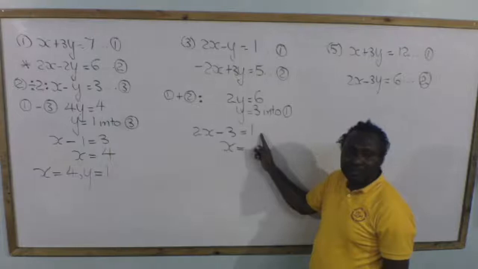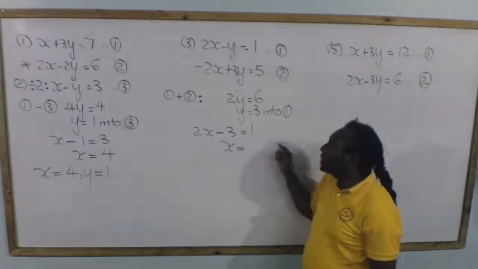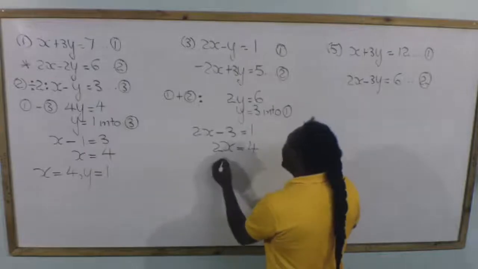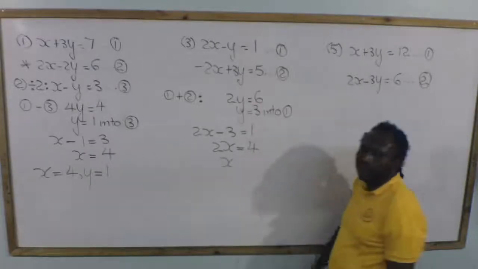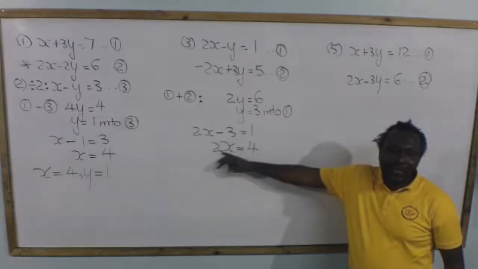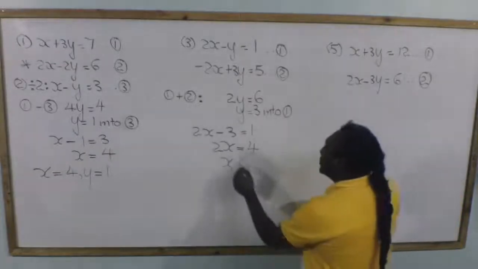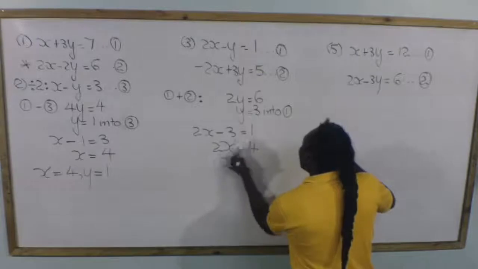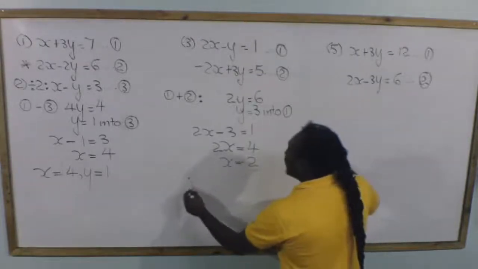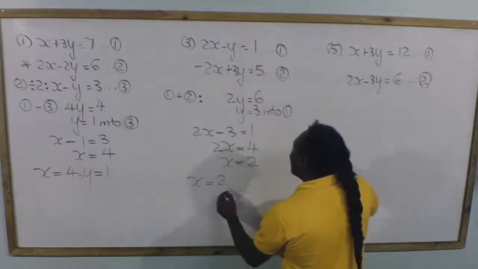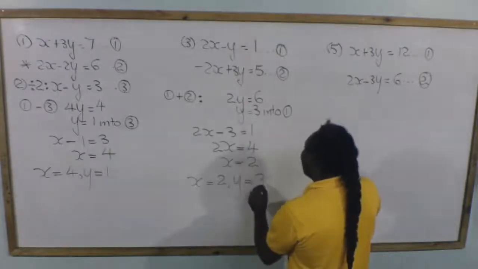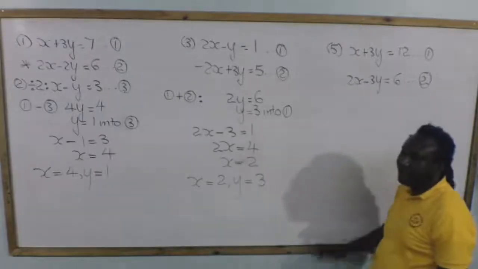So it's going to be 1 plus 3, which is 4. If we want to write that, we may. And then we will divide or eliminate this 2 by division, so we'll have x is equal to 2. So we will declare x is equal to 2, y is equal to 3.